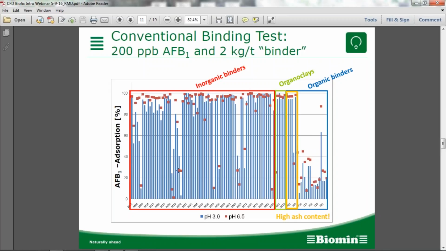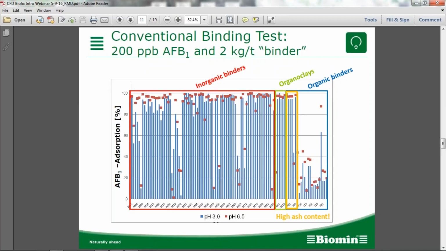And then the red squares are representative of how well that product bound aflatoxins at a pH 6.5. So pH 6.5 in cattle would be somewhat similar to what you would see in the rumen, and then pH 3 would be a lower pH that you would see further along in the digestive tract, like in the abomasum.